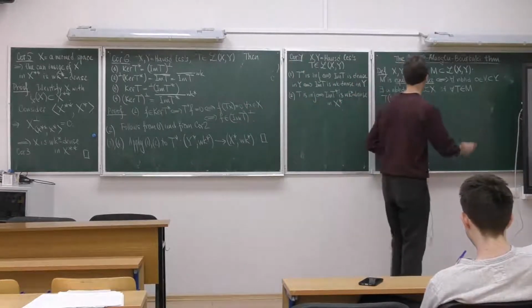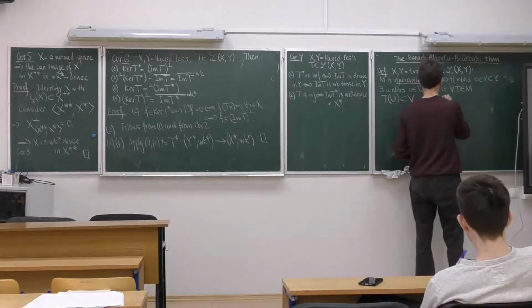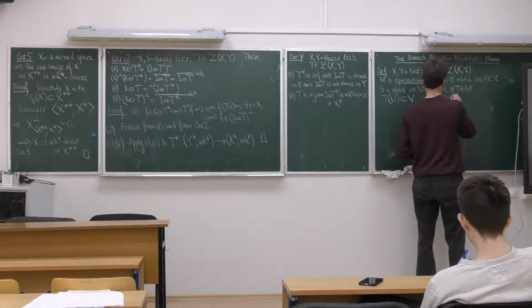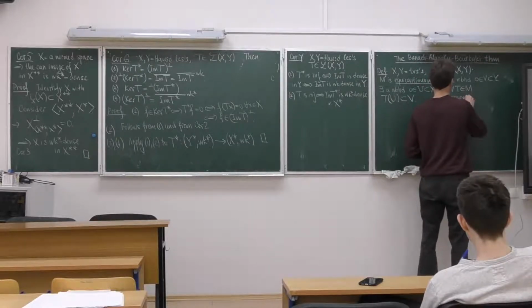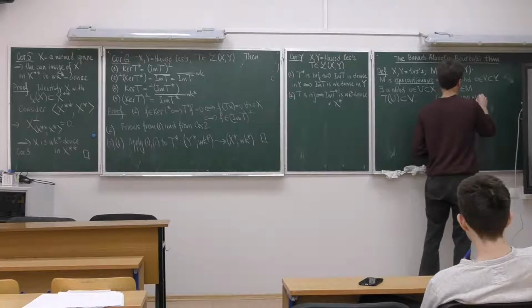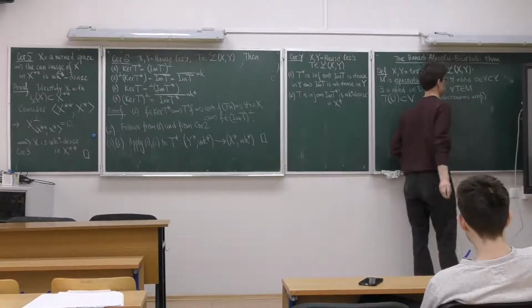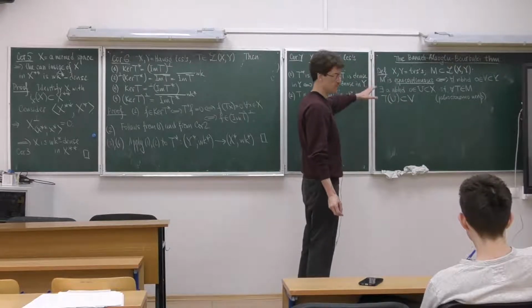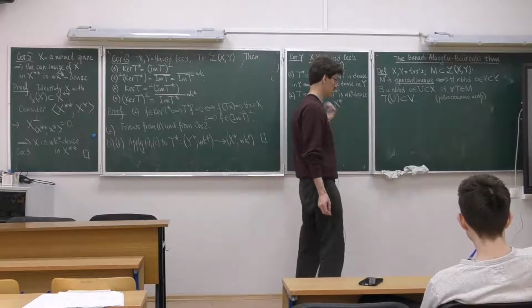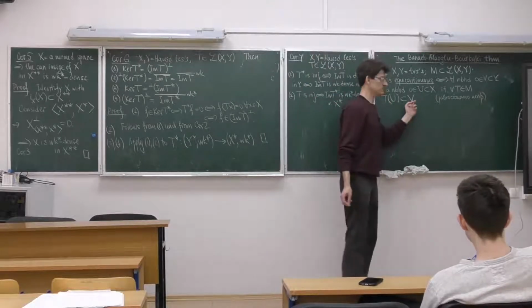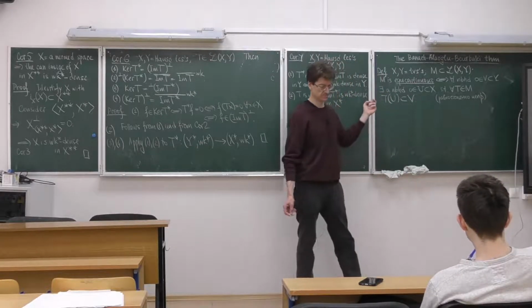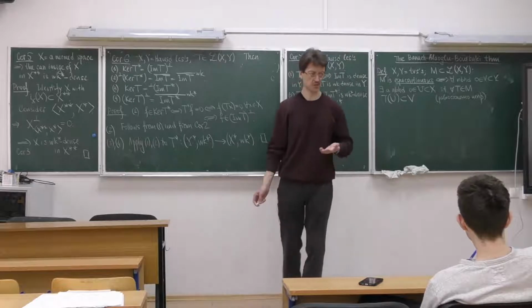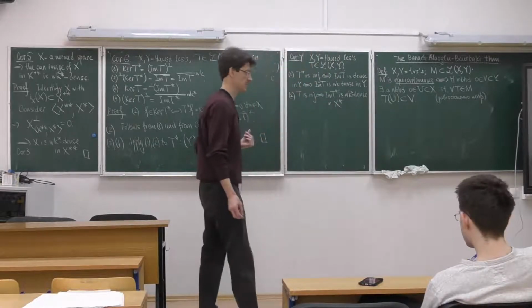So the Russian for equicontinuous is равностепенно непрерывно. Sometimes people also say эквинепрерывно, but this is less common. So if we write this property for a single operator, so if M consists of a single operator, this is just the continuity at 0. But we know that a linear operator is continuous if and only if it is continuous at 0.